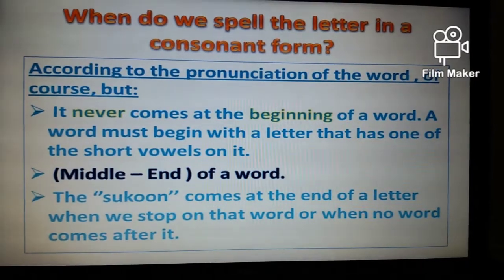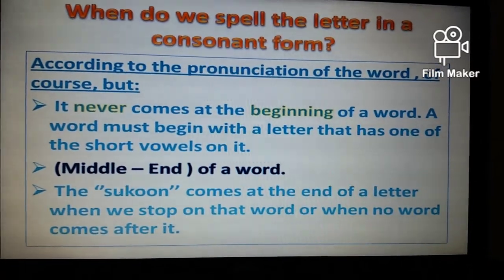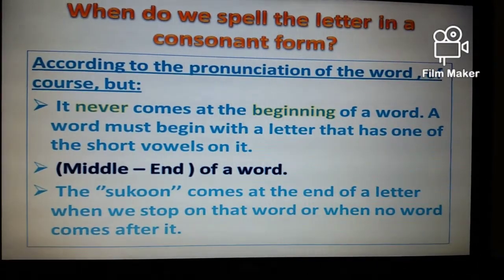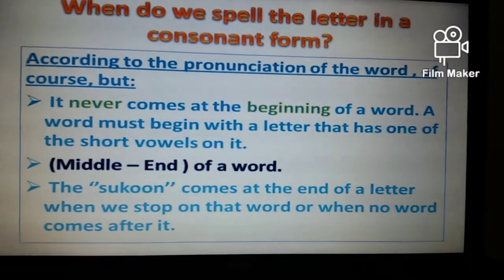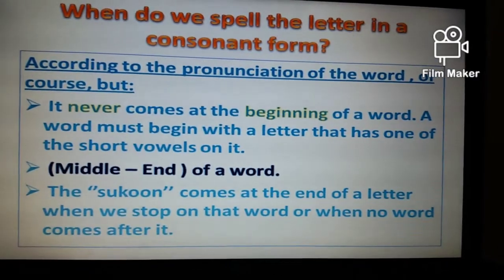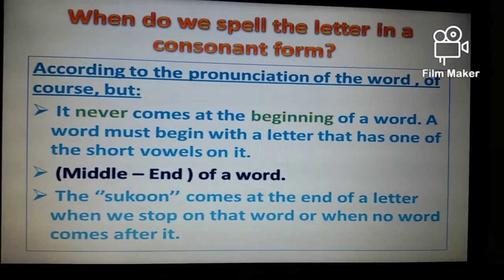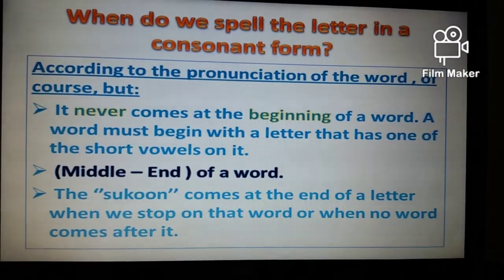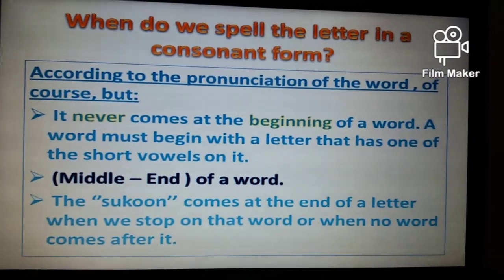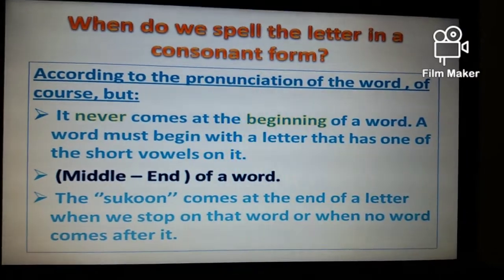So memorize that, we don't begin any word with a letter in a consonant form. It usually comes at the middle or at the end. But I've written these so that you memorize that picture and remember it, okay?